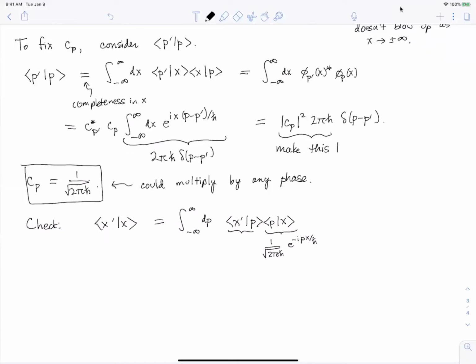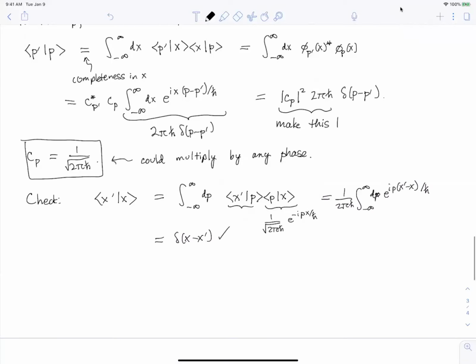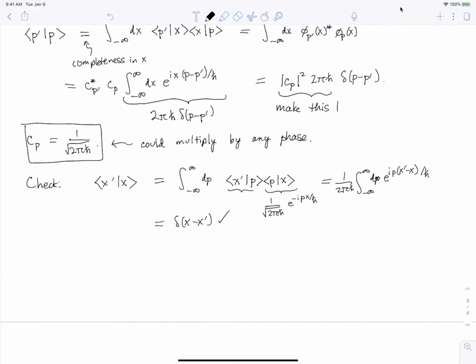And so the whole thing works out to 1 over 2 pi h bar, integral from minus infinity to infinity dp of e to the i p (x prime minus x) over h bar. And once again, that's equal to the delta function, according to the first integral we talked about today. Okay, so that works as a check that everything's okay.